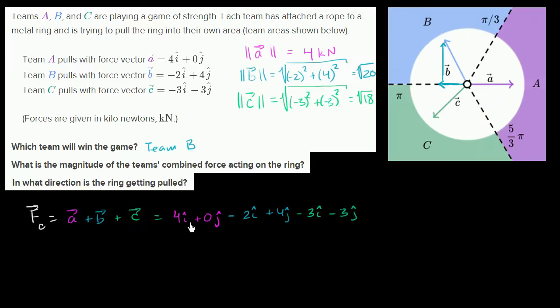And now we can just add up the i's and add up the j's. So we have 4i minus 2i minus 3i. 4 of something minus 2, you're going to have 2 left.